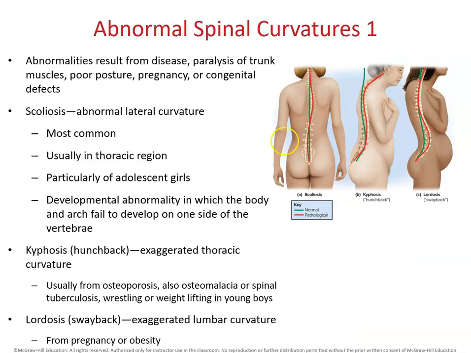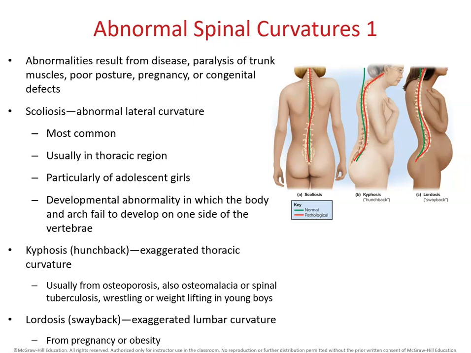So we have some different ways that we can have abnormalities in the spine. One that we've probably all heard of is scoliosis. Scoliosis happens when we have an abnormal curve in the spine. A lot of times this starts to show up in teenage girls.